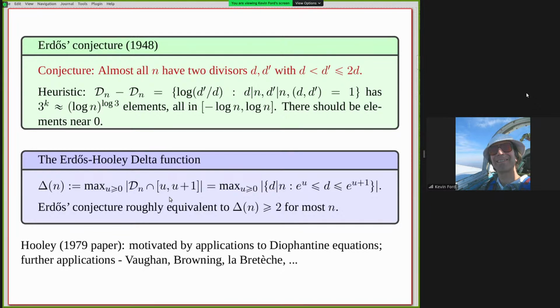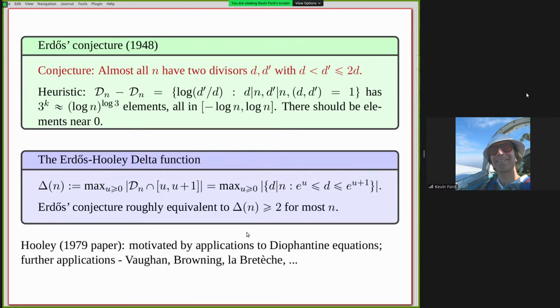So you take the maximum number of divisors in any interval of type e to the u to e to the u plus 1. So it's almost a dyadic interval. It's just convenient to use e instead of 2 here. So Erdős's conjecture morally corresponds to the delta function being at least 2 for most n.